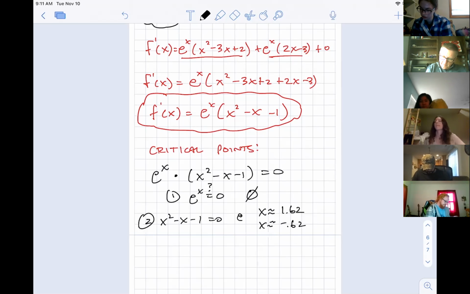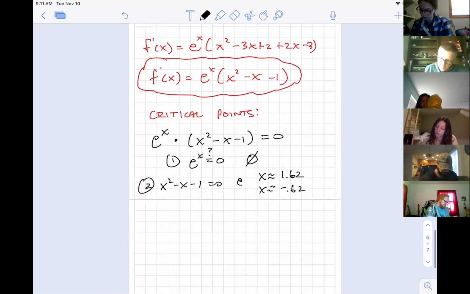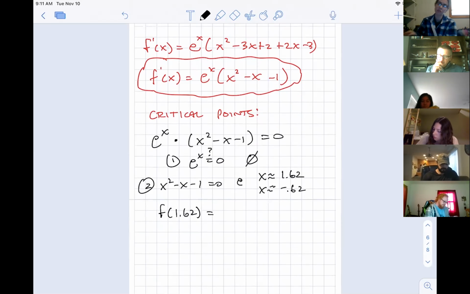I'm just quickly sticking this into my calculator so I can evaluate these points. The original graph was x squared minus 3x plus 2. So now I go back and analyze the y value that goes with 1.62, and I'm tracing now. This is a much nicer graph. It doesn't have the same weirdness associated with it.